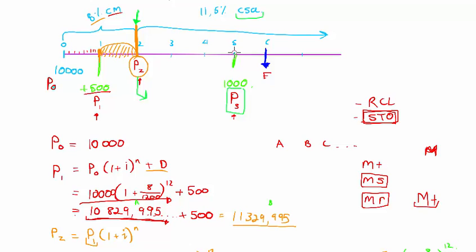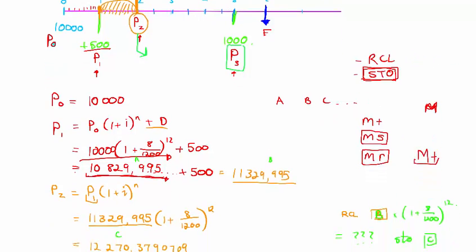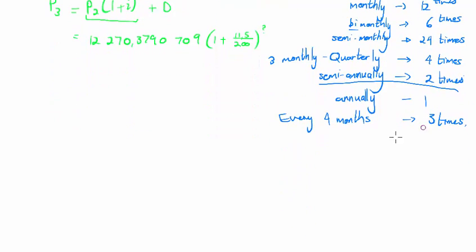We're obviously starting from P2 because that's the last time we... So it's 6. 1, 2, 3, 4, 5, 6. I get it twice a year and there's 3 years, so I get it 6 times. Do you see? I don't use that formula.